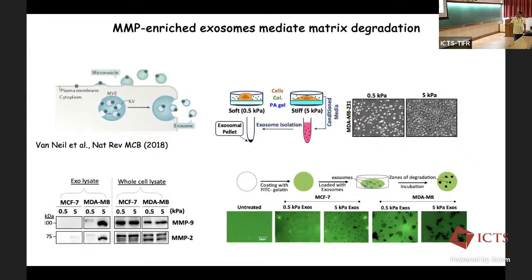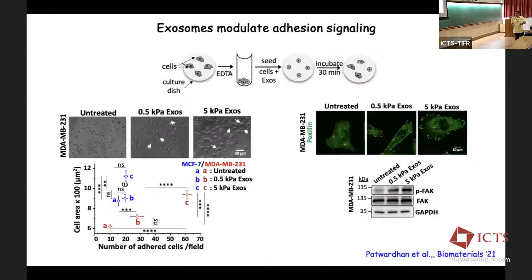Mind you, these degradation spots are on the length scale of cells, not single molecules, which we cannot detect. So there must be a mechanism for exosomes to aggregate and sediment, thereby creating such big patches.